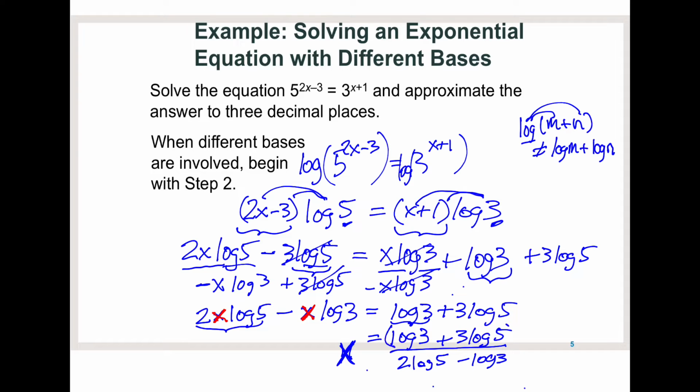Now, in my calculator, I'm going to type this out. You have to put a parenthesis, since this is a sum on top and a difference on bottom. You need to group that because we want this sum. Remember that plus and minus are the last things in the PEMDAS hierarchy of what we do first.